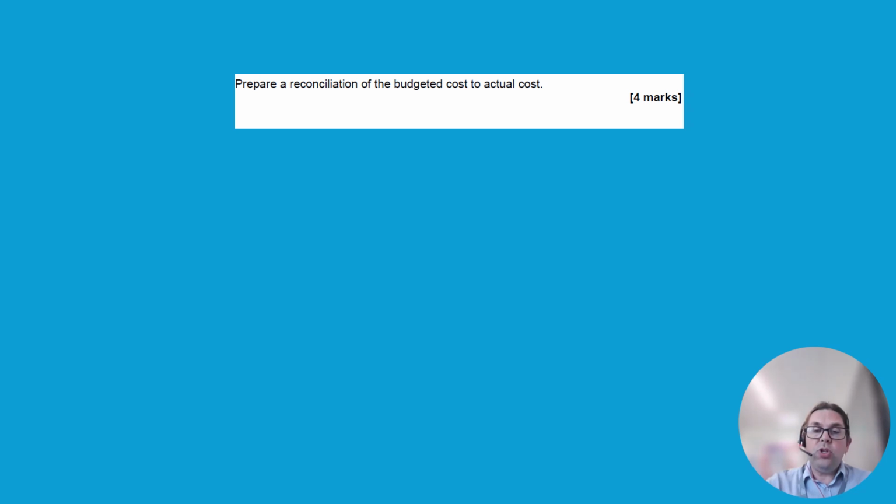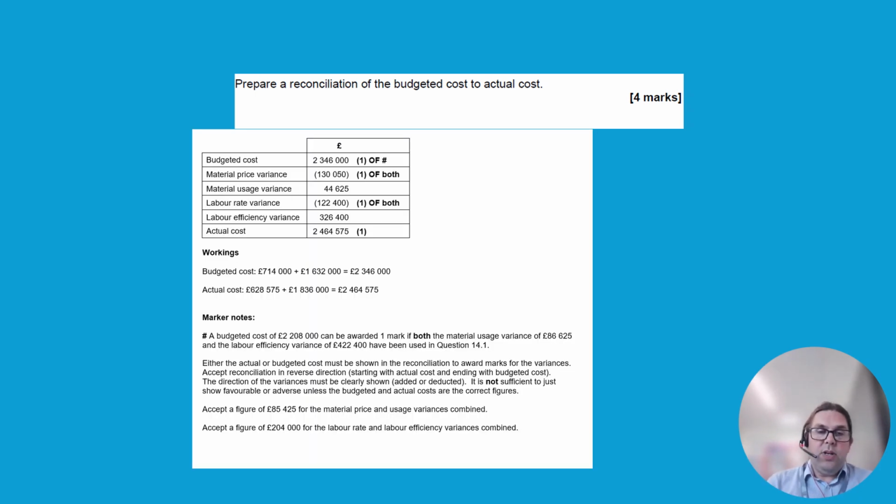In the question, you were told the budgeted cost of 48,000 units. You need to flex that to 51,000 to give the budgeted cost, the expected cost for that level of output. What you then do is you add or take away your variances and then compare that to the budgeted cost. So if we look, the first part, it's the budget cost of 2,346,000.